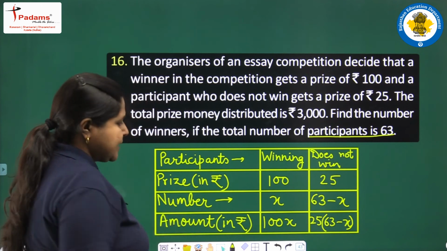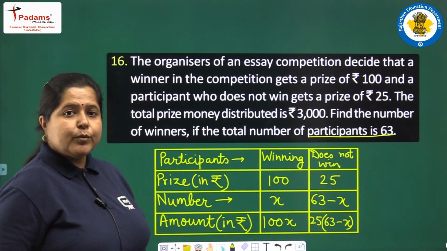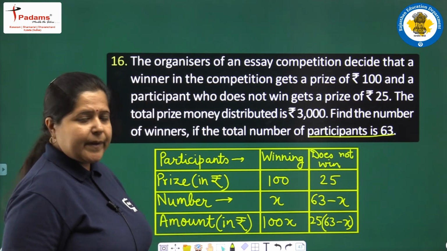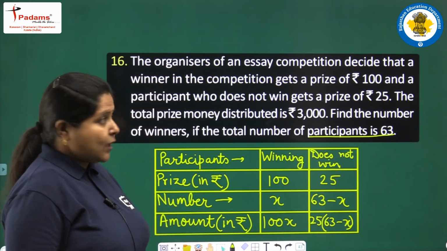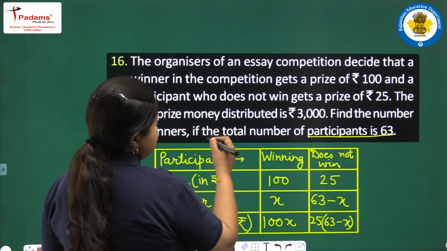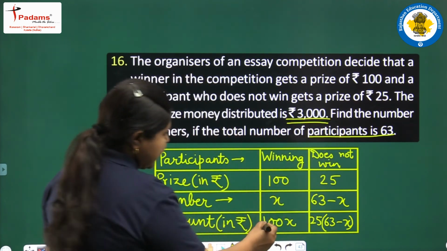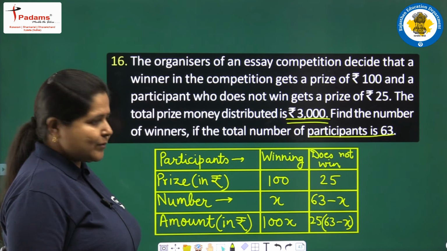This is the prize that will be given to winning candidates or participants, and this to the participants who could not win. Now the total prize is given to be rupees 3000. Add the two, it will be equal to 3000.